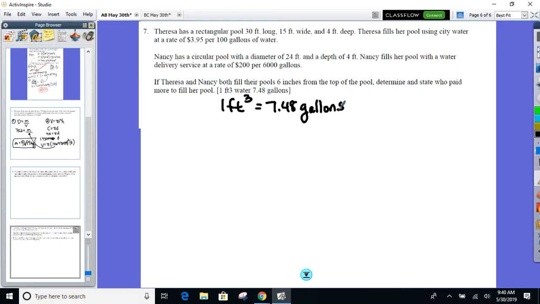All right, you ready? Teresa up first. Let's figure out how much she pays to fill up the old pool. She's got a rectangular pool, 30 by 15 by 4.